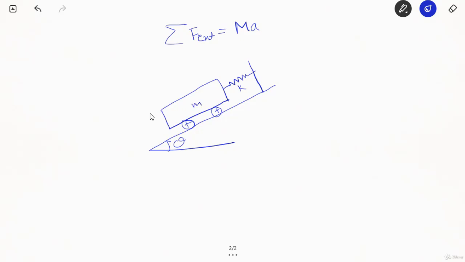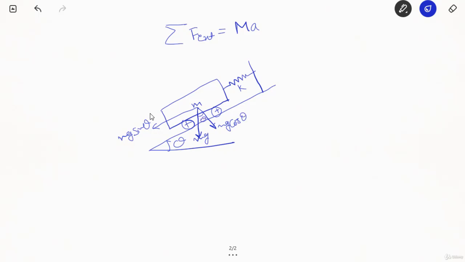Under the influence of its own load, suppose the mass of this cart is M, then we have this gravitational force or weight of the system. Here it will come out as mg sine theta, and this will become mg cos theta, right? Okay.